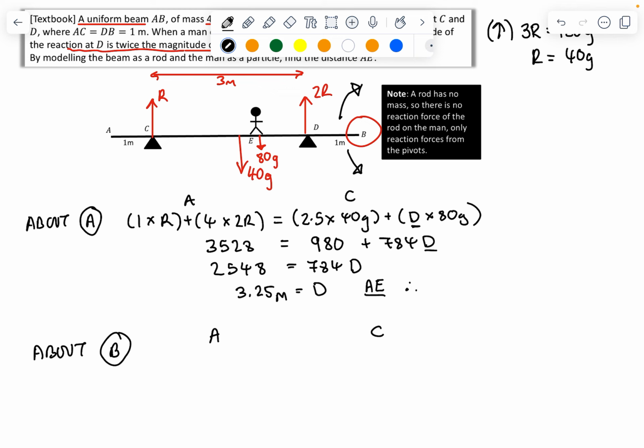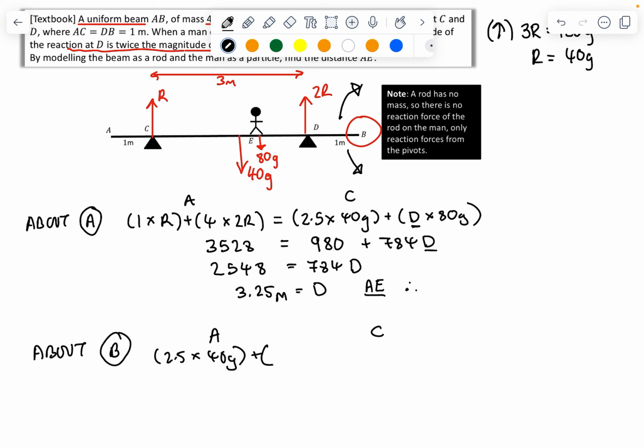So in the anti-clockwise direction, I have got my weight vectors. So I have got from B, again, 2.5 times 40g, because it's in the center.